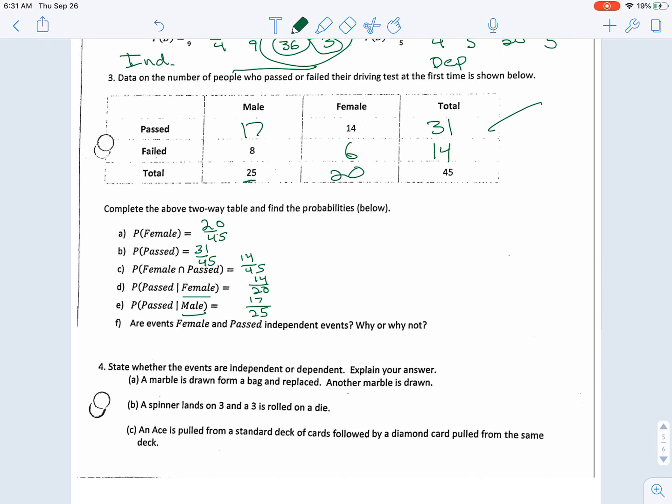Are the events female and passed independent or dependent? Why or why not?